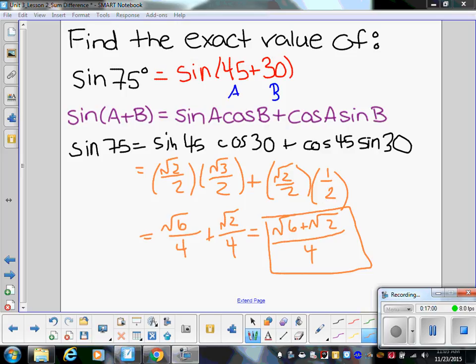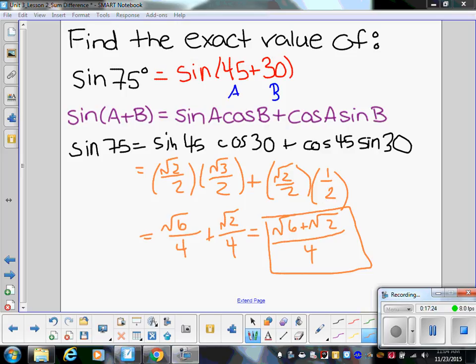All right, so 75 is 45 plus 30, or it's 30 plus 45, whichever you chose. So I would be using the sine sum identity. The way I wrote it, 45 is A, 30 is B, so I make sure I plug them in.